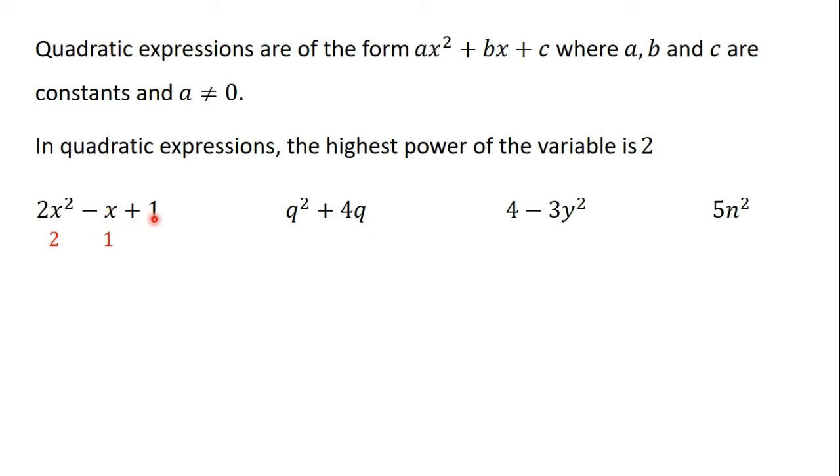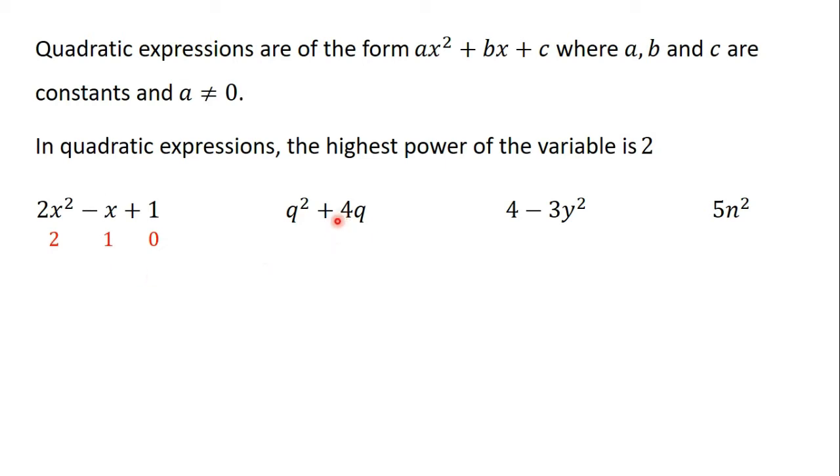The third term is a constant, so it has no variable, which means that the power of the variable here is 0. So in the first term, the power of the variable is 2. In the second term, it is 1. In the third term, it is 0. So the highest power of the variable in this expression is 2, because between 2, 1 and 0, 2 is the highest.